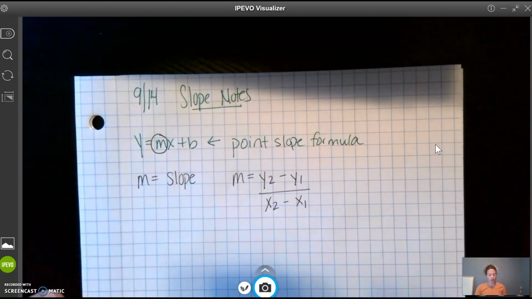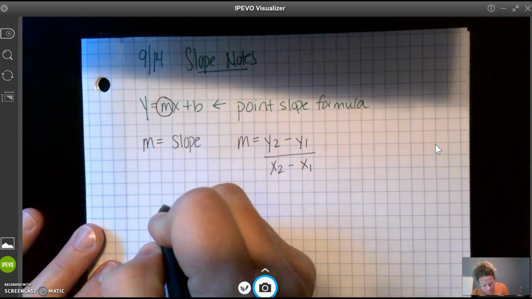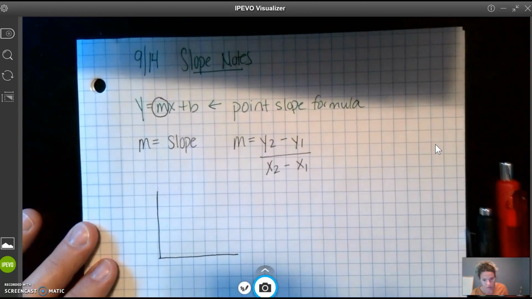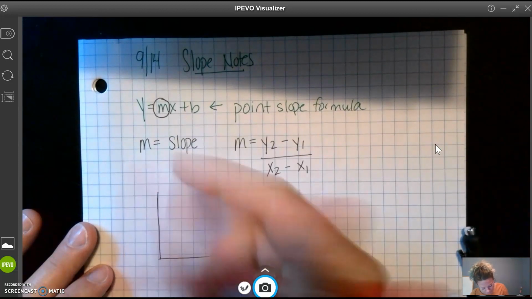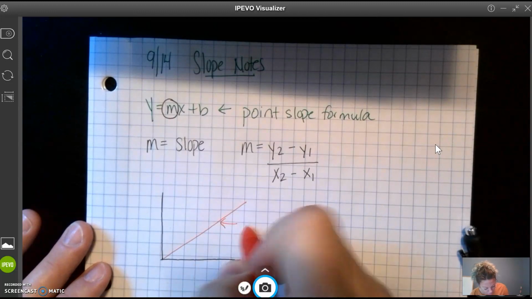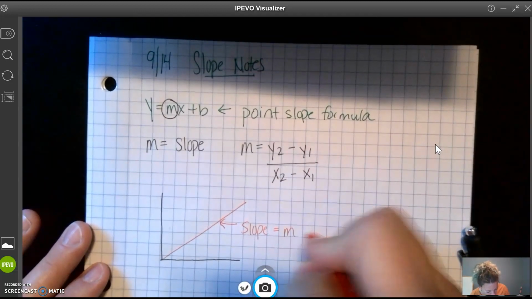So how does this apply to the graphs that we see, the linear curves we're looking at? So first of all, if we take a look at a graph, and that graph has a line on it, boom, okay, the slope of this line is equal to m, right?